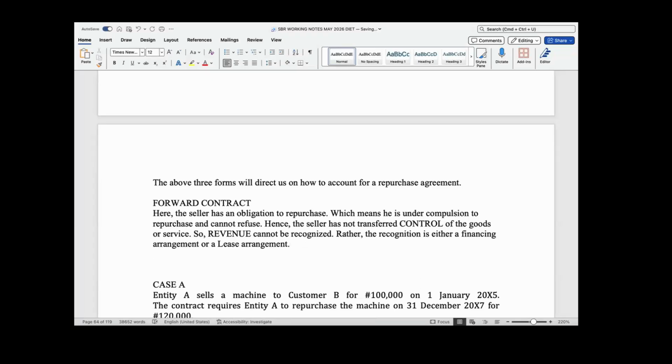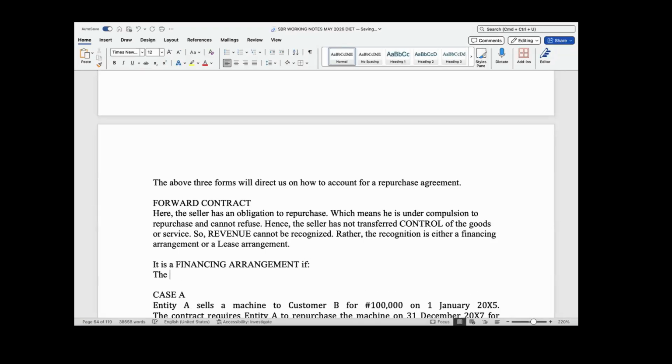So it is a financing arrangement if the repurchase price is higher than the original selling price.